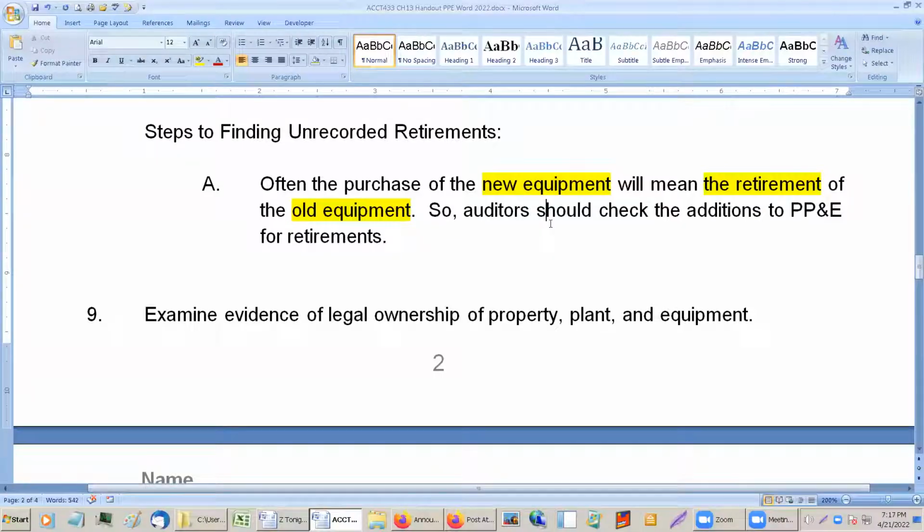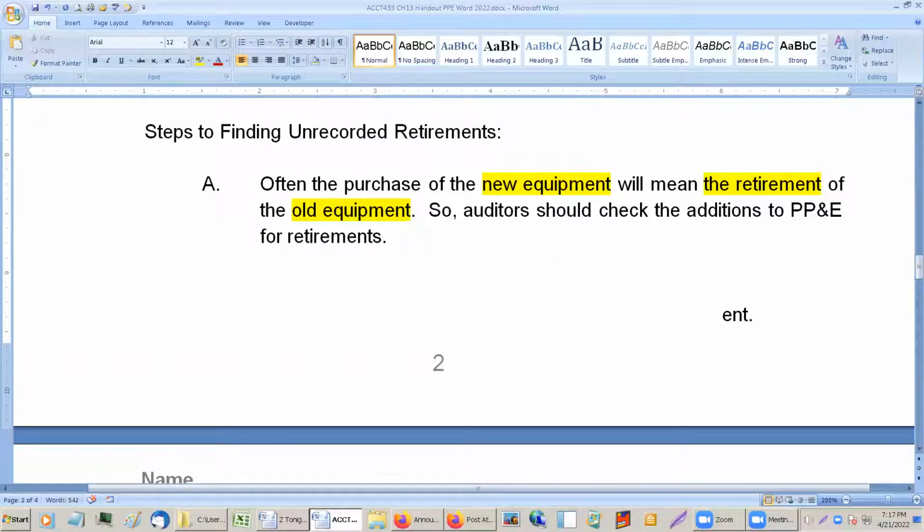Okay, well, let's find the old drill press and see what happened to it. If you don't have a retirement for a drill press and they bought a new one, it could mean that it's gone and it should be taken off the books. So one of the ways you can look for retirements is to look at the new equipment that's purchased.